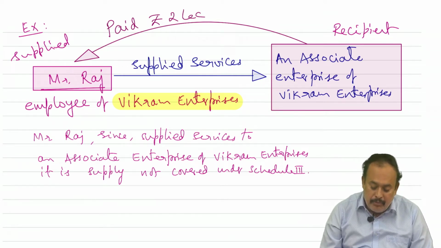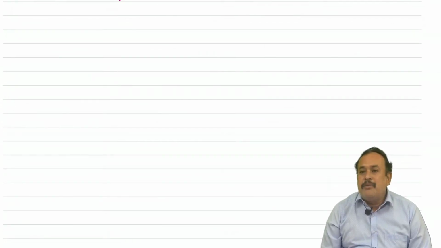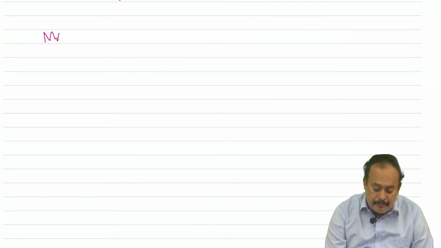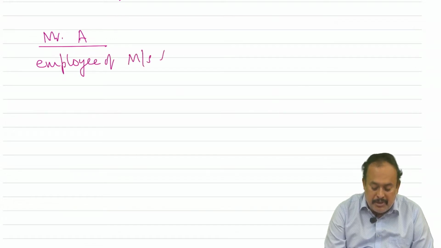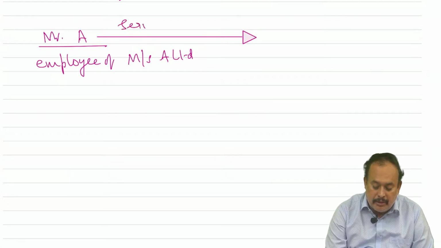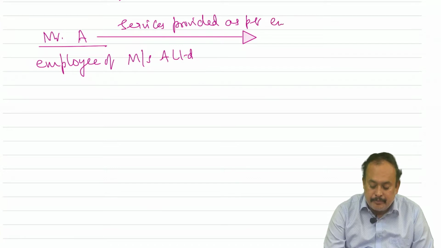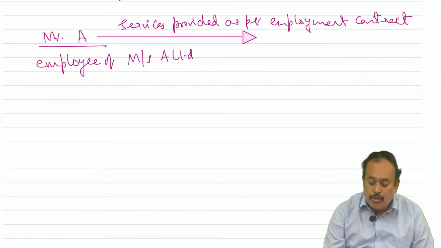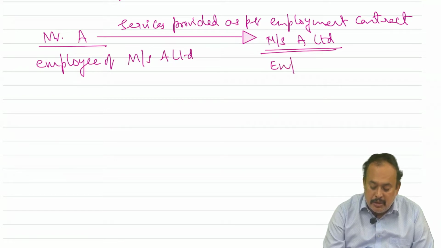Further, my dear friends, when will the employee-employer relationship come into the picture? For example, Mr. A, employee of Mrs. A Limited, provides services as per the employment contract to Mrs. A Limited, who is the employer.